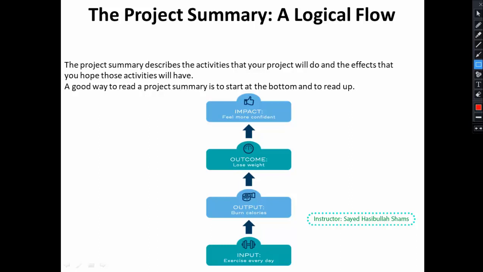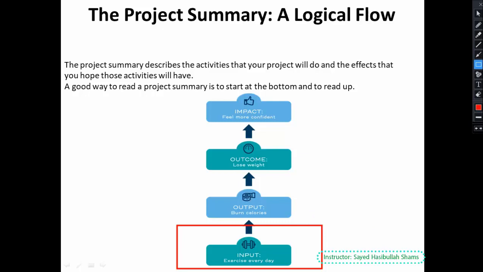So what should we do to feel more confident? What is the input? We do exercise every day. For example, we run. For example, we go to the gym. So we do exercise every day.